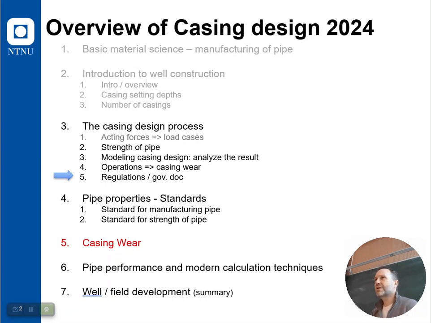It will show you that here are some regulations for casing design and what they really mean. We can talk about them in more detail in that session, and what the practical meaning of them is from different angles. That's kind of important, but there's no time for it right now.